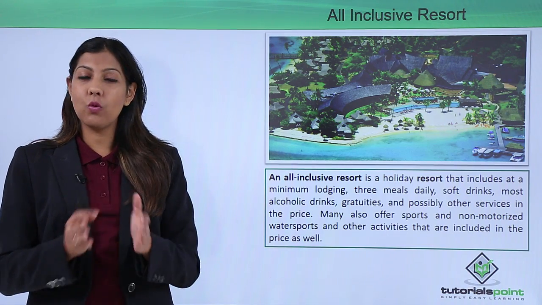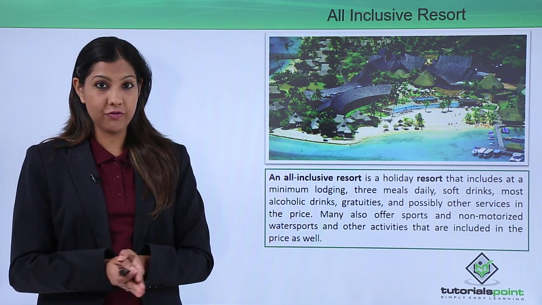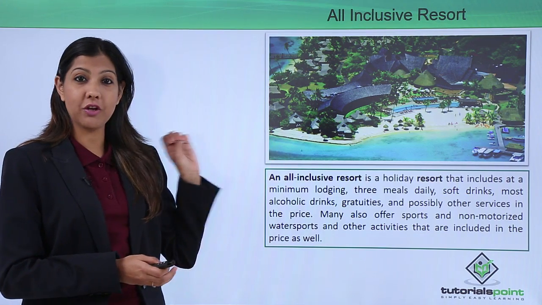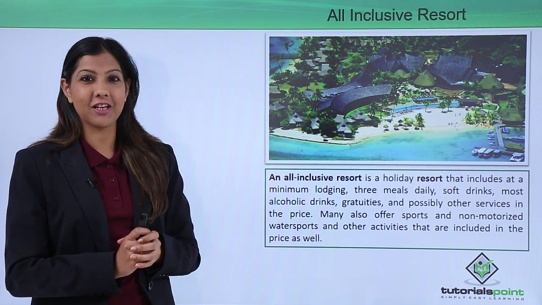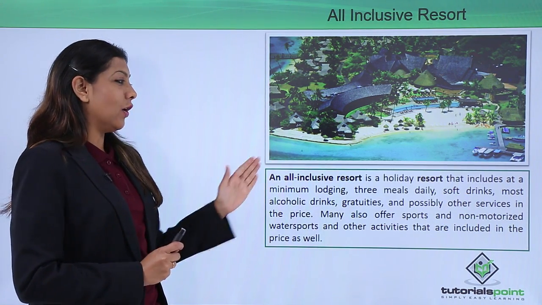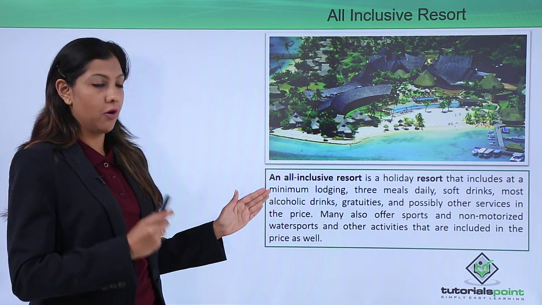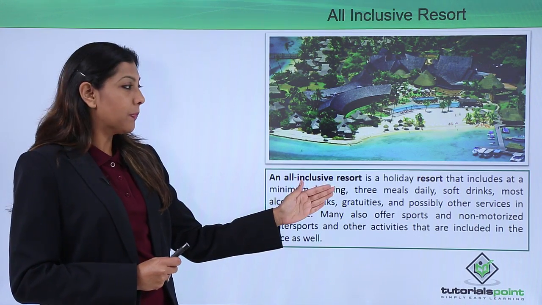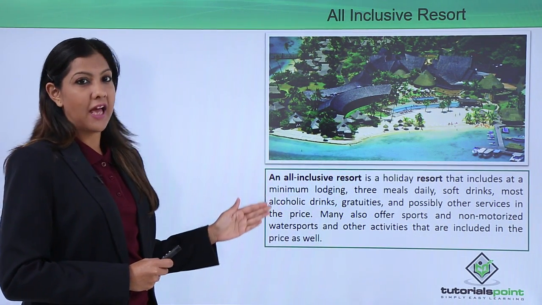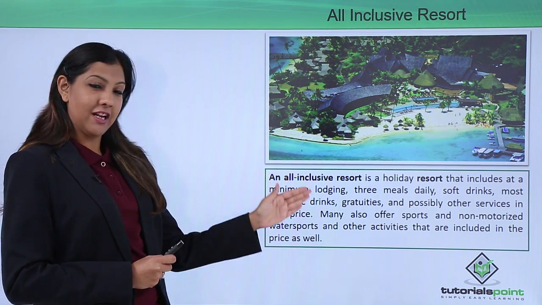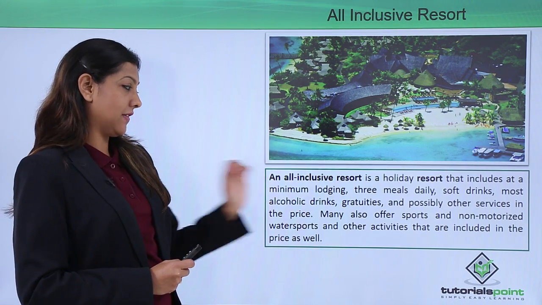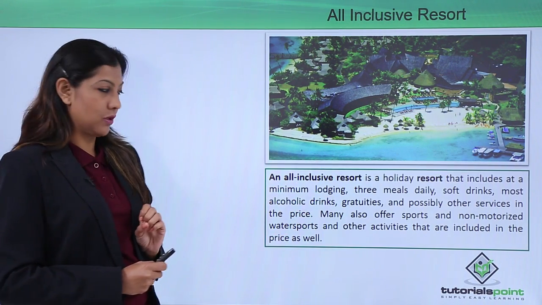Let's take a look at what exactly an all-inclusive resort is. Well, it's a beautiful picture out here. I'm sure you would get very attracted to it when you see it. An all-inclusive resort is a holiday resort that includes a minimum of lodging, 3 meals a day, as well as soft drinks, most alcoholic drinks, gratuities and possibly other services within that particular price.